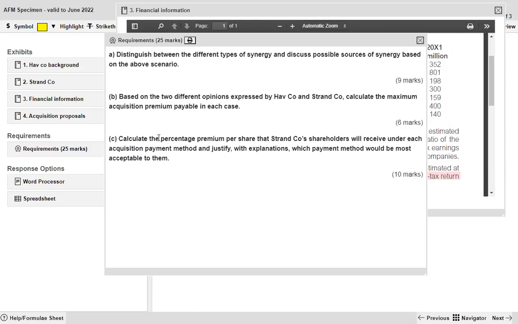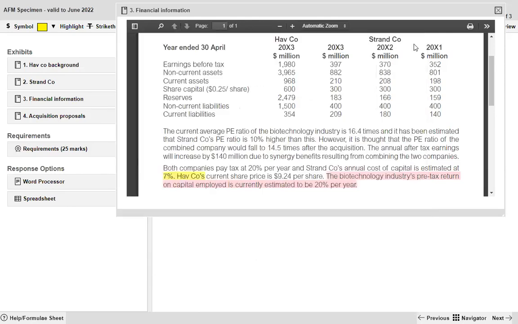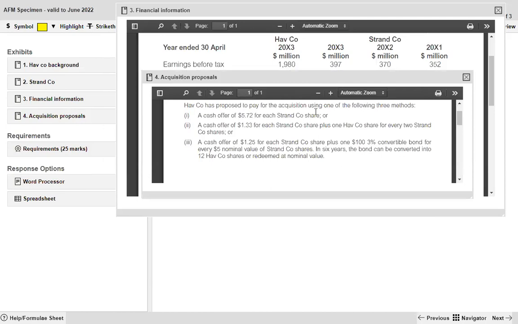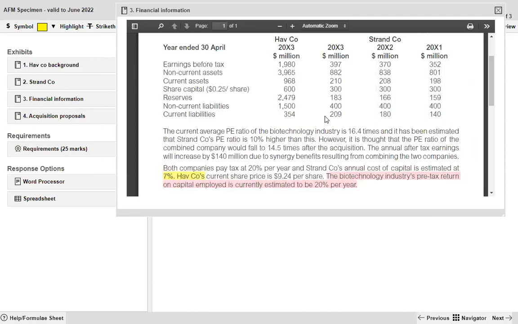What are the payment methods? Number one, a cash offer of 5.72 for each target company share.